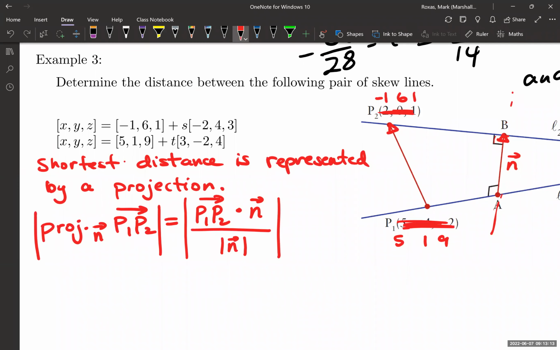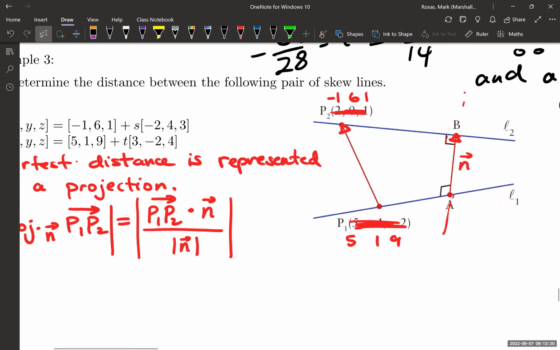So to fulfill this formula, to find this vector projection, I need to know vector n. And all we know about vector n is that it's perpendicular to the two lines. Okay. And so, how can I find that vector if I have these two lines? Well, I'm going to look to the other thing that's given to us in the two equations, and that is the direction vector of each line. So I know the direction vector of each line. There's a direction vector here, and there's a direction vector here.